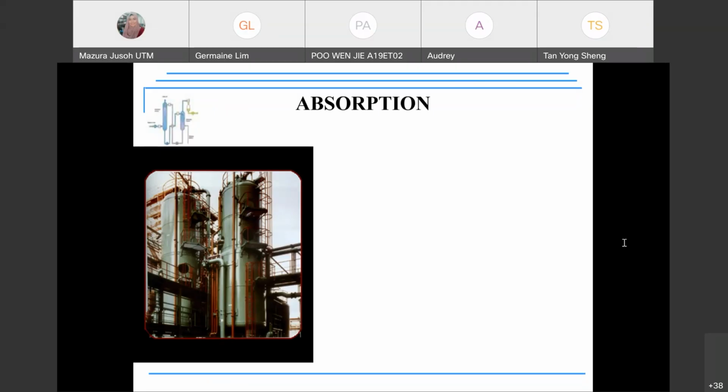water. Okay, so from that principle, you can apply the principle in a cooling tower in the processing plant, so that you can change the water in liquid phase into vapor phase, which is called the evaporation process.